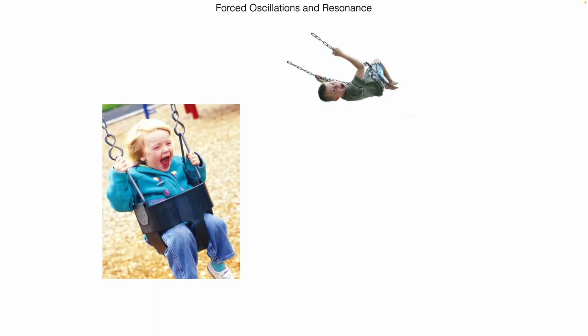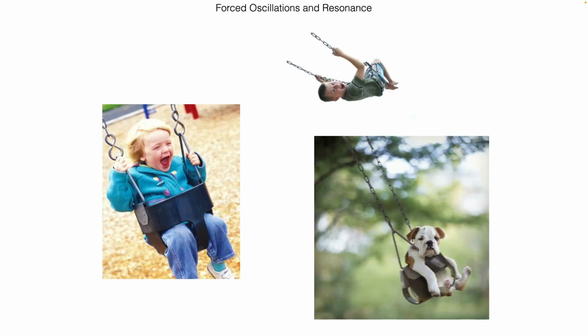Okay. So yeah, you tried at some point to get the full 360. And this being the internet, that dog is having fun. I don't know if you can tell from his face. Anyway, the swings.